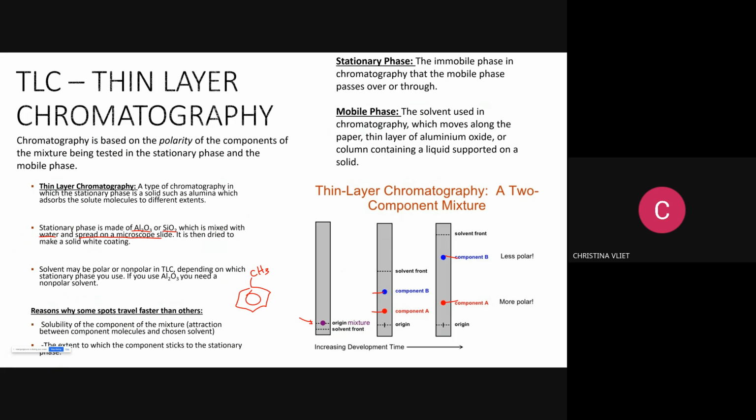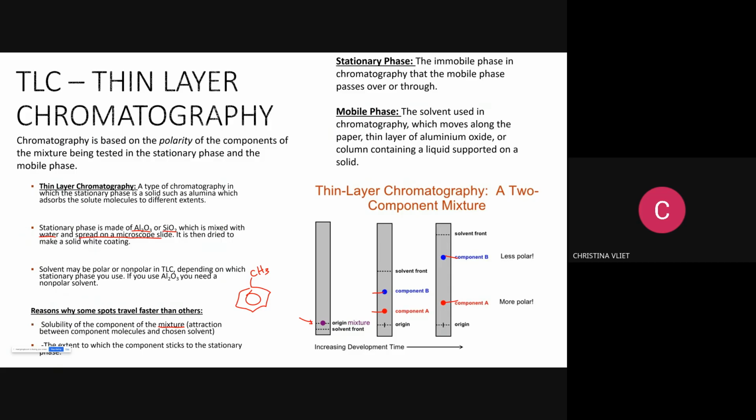And so the solubility of your mixture travels based on what your stationary phase is, which in the TLC is that white paste, and what your solvent is. And your solvent here, like I said, is typically non-polar. And typically, if this is aluminum oxide, that's very polar/ionic.